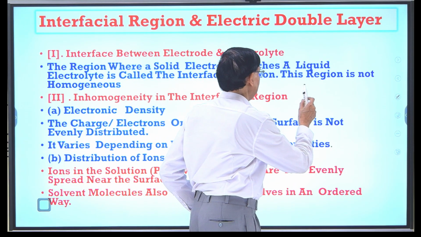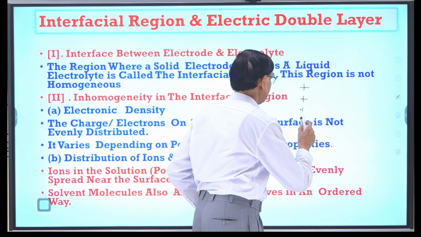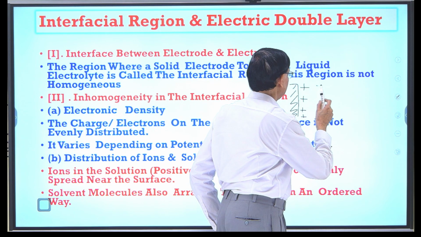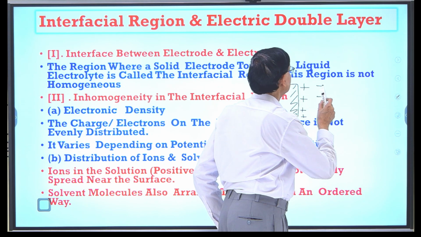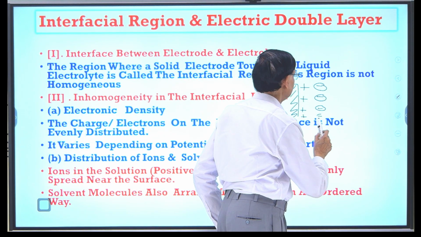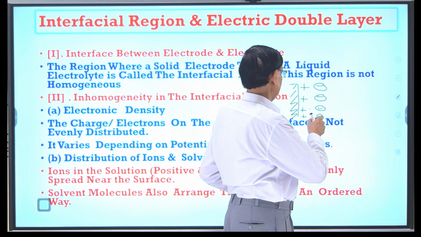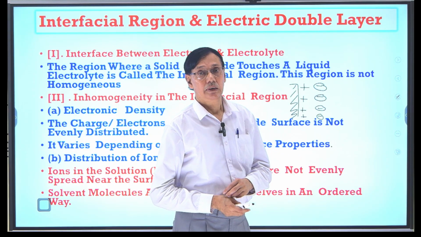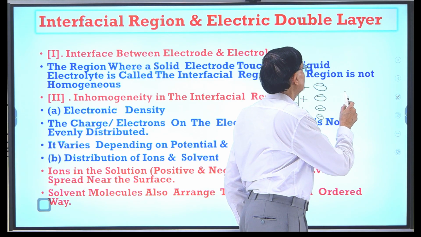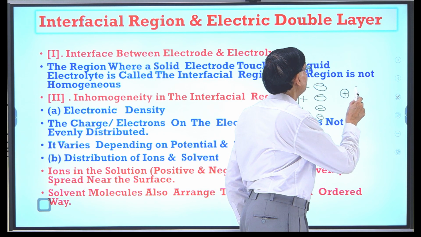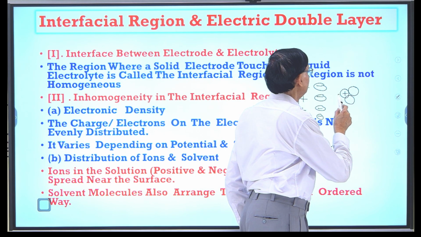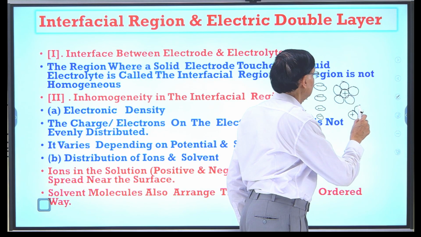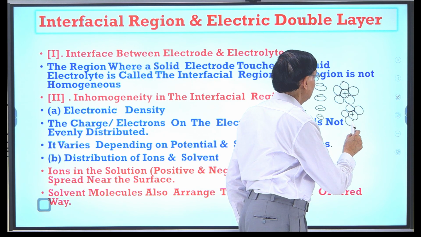मतलब अगर आपने यहाँ पे मैंने ये लिखा, that is electrode surface, and here is suppose negative anions, and this is called the inner Helmholtz plane, and away from this, suppose there is a water, and I am just drawing water like this, so that is called the solvated ion. ये भी distributed अलग अलग, ये solvated cation.